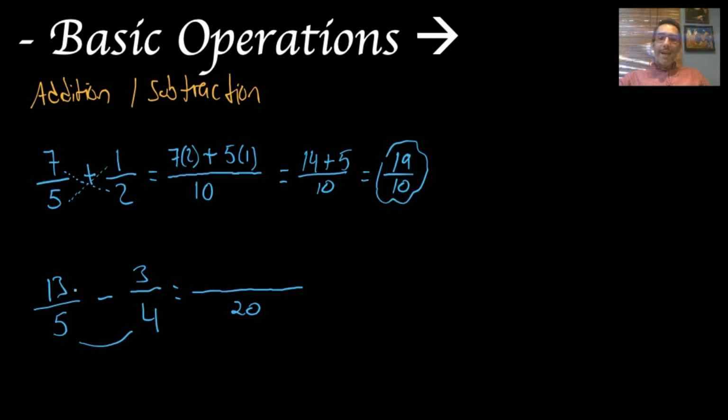Now I cross multiply, and again I start from top to bottom, so the first multiplication that I perform is 13 times 4. As this is a subtraction, it's minus, and the multiplication of the other diagonal, that will be 5 times 3. All right, multiply the denominators and cross multiply.